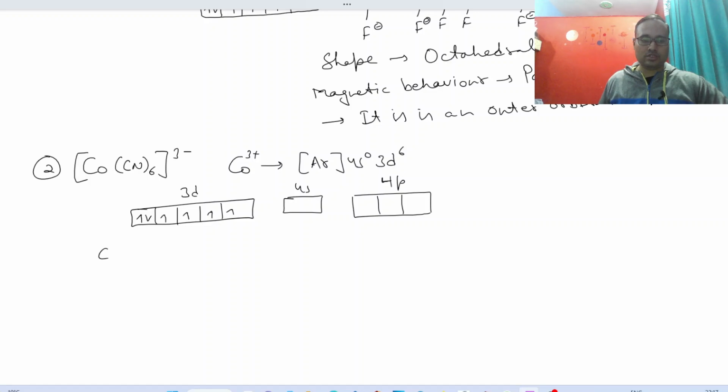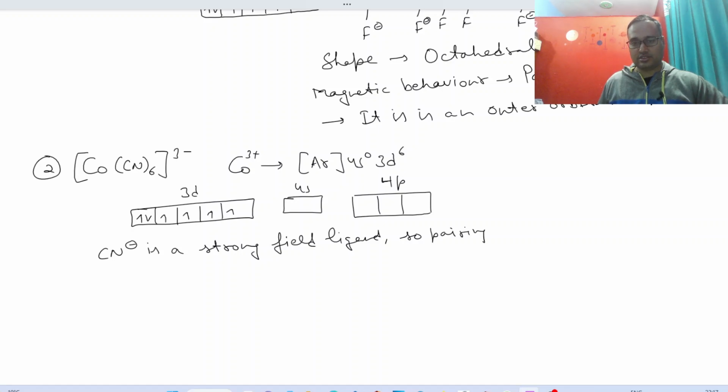But as we know, CN negative is a strong field ligand, so pairing of electrons is possible in 3d orbital.